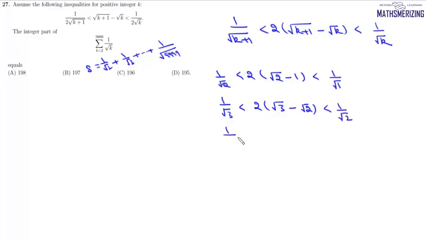Now if we put k as 3, we'll get 1 upon root 4 will be less than 2 into root 4 minus root 3, and it will be less than 1 upon root 3. Now we continue like this till k equals 9999.